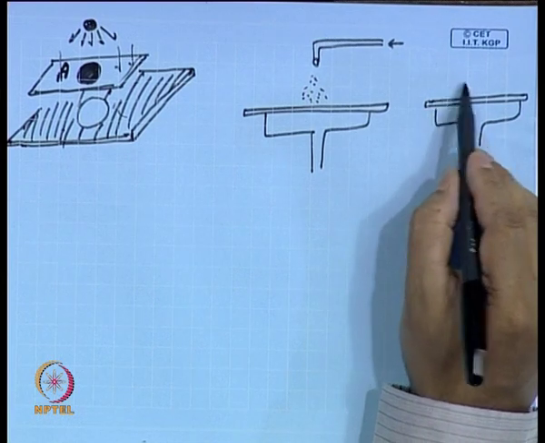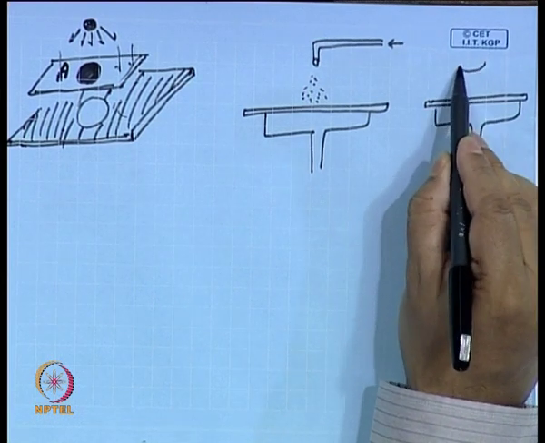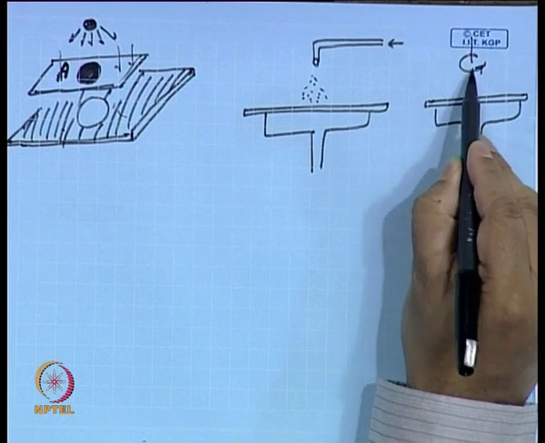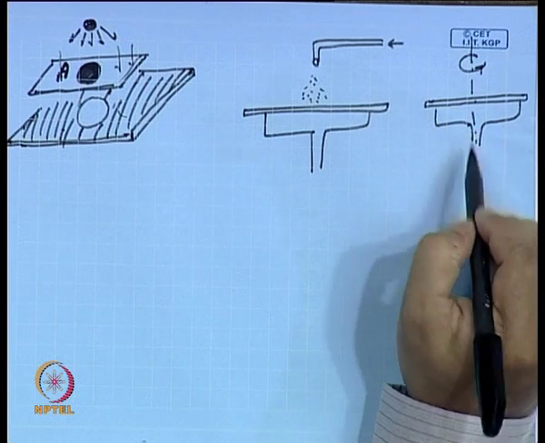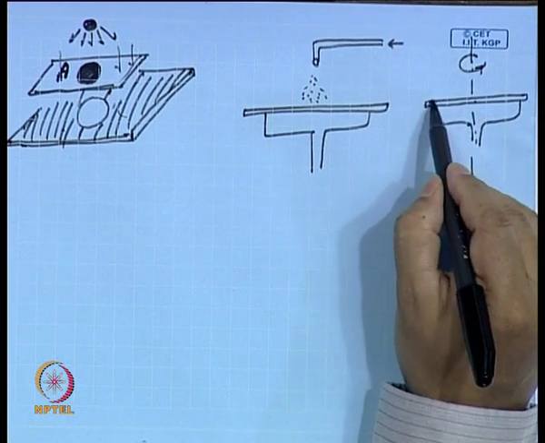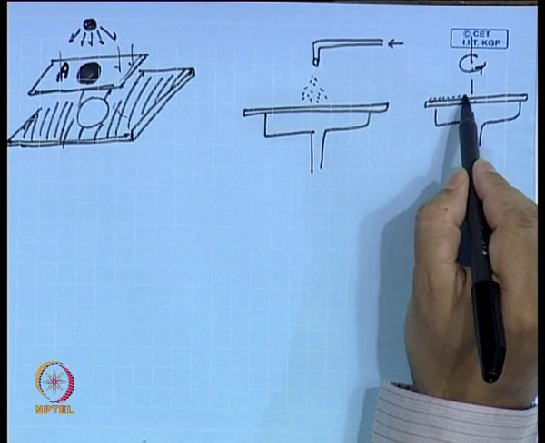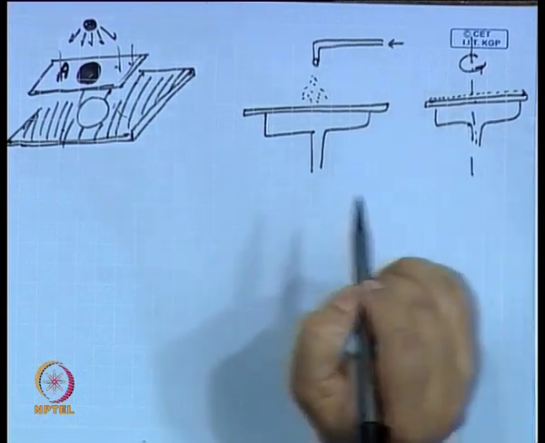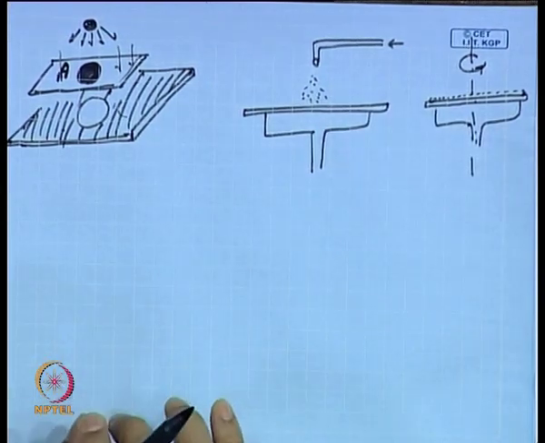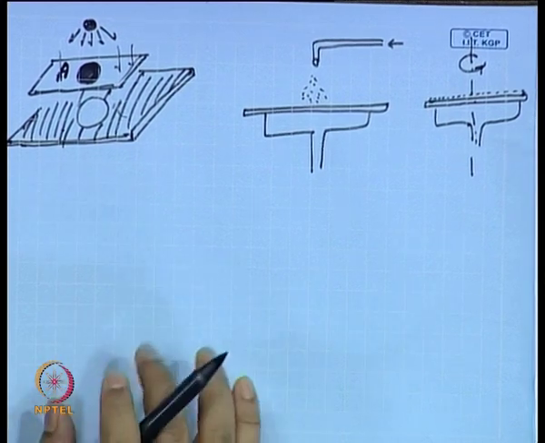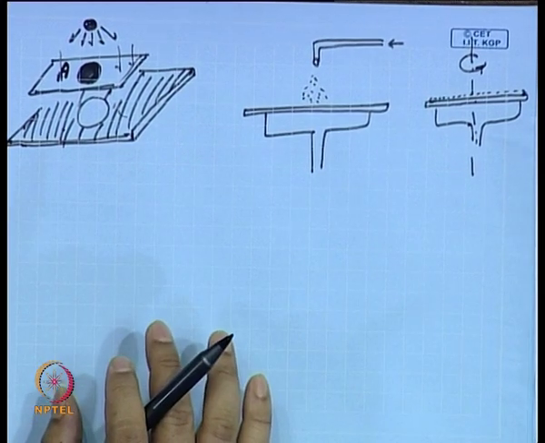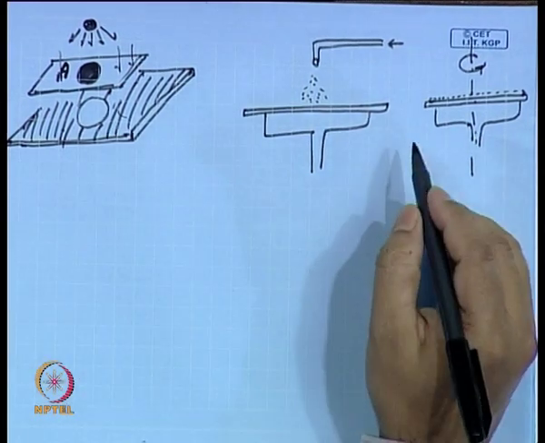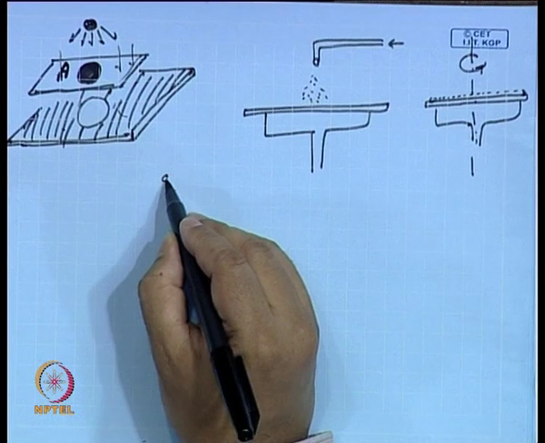When it starts rotating, you see a thin layer forming on this substrate, because by centrifugal action the resin material will start flowing radially. However, there exists something called an equilibrium thickness.